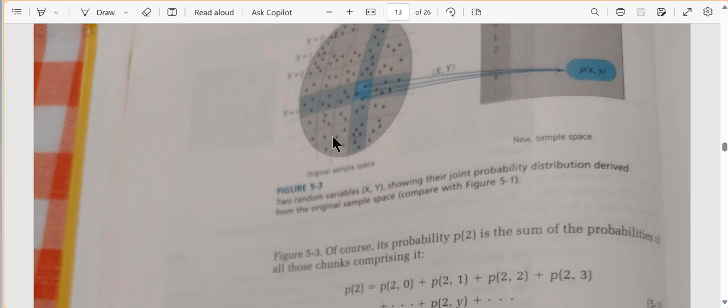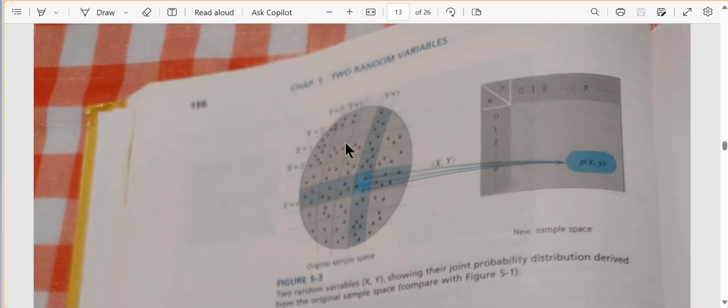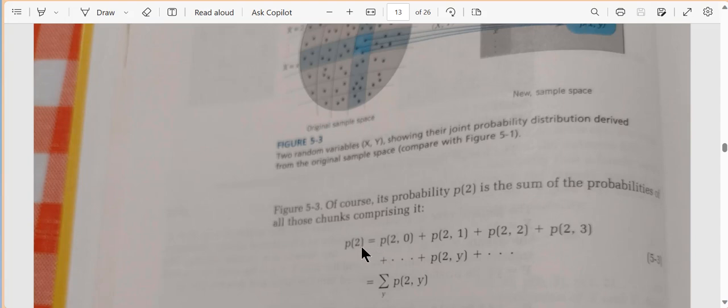That's what this says down here. The probability that x equals 2 is the probability that x equals 2 and y equals 0, plus the probability of x equals 2 and y equals 1, plus the probability of x equals 2 and y equals something else, all the way to the end. In other words, we can summarize this using the sigma notation, where y goes from 0 to the end value, whatever the end value is.